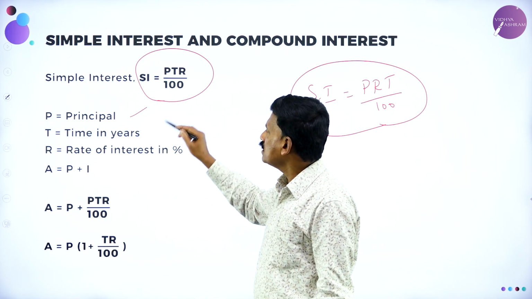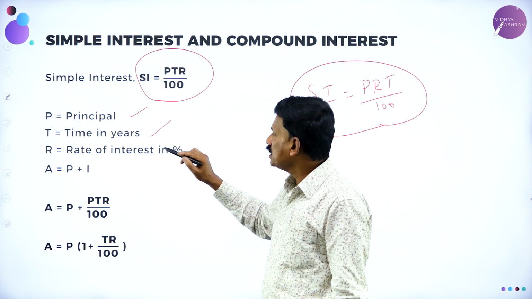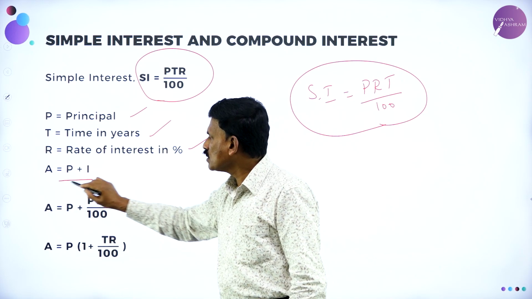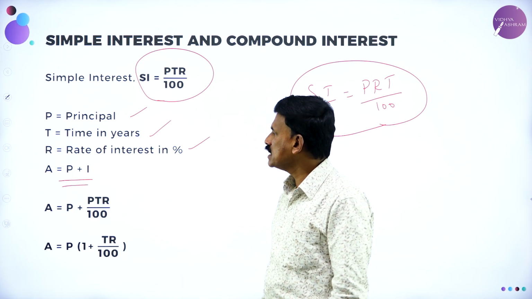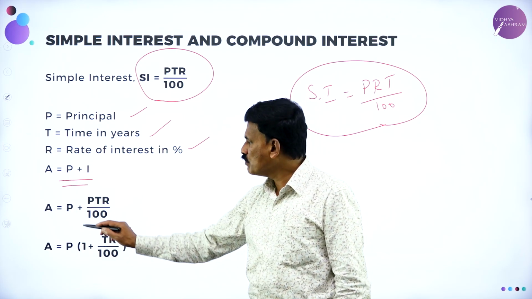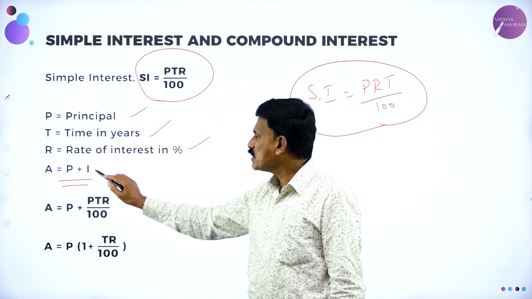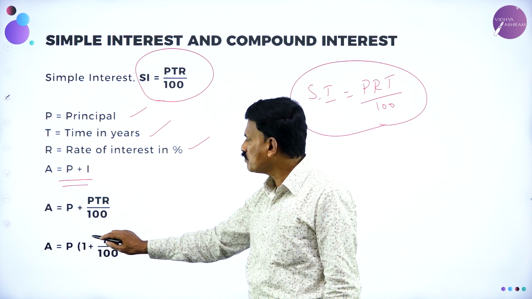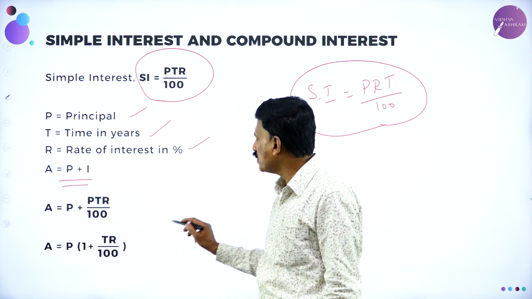P is the principal, T is the time taken in years, and R is the rate of interest, and the amount is equal to principal plus the interest. So, amount is equal to principal P plus interest PTR over 100. If you want, you can take P as a common factor: 1 plus TR divided by 100.